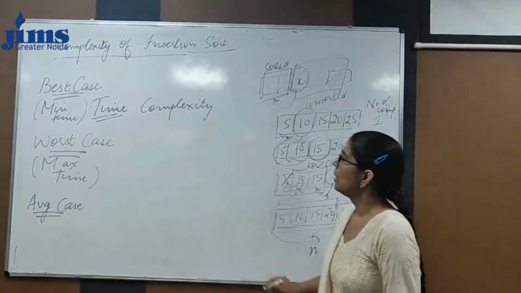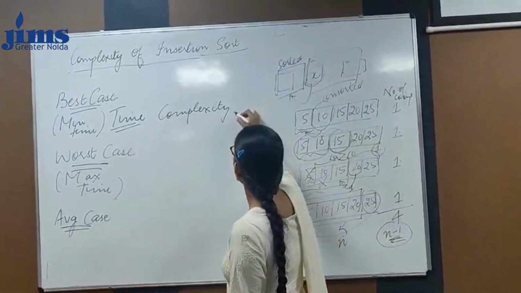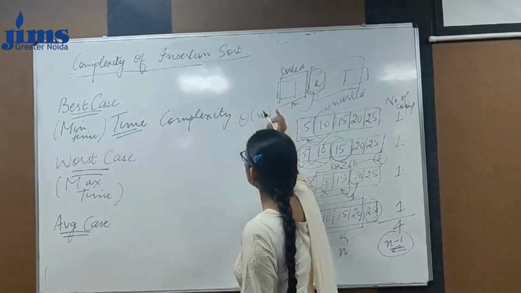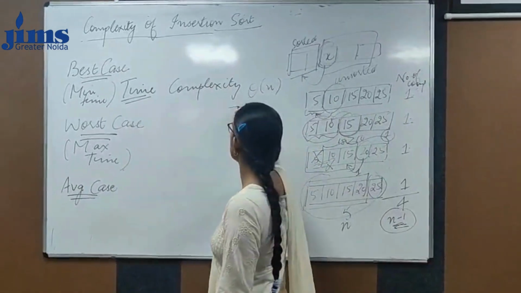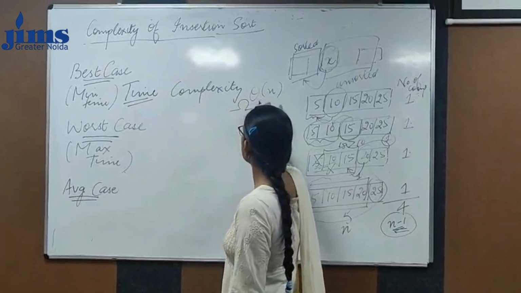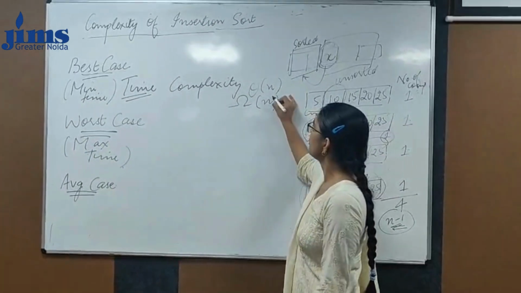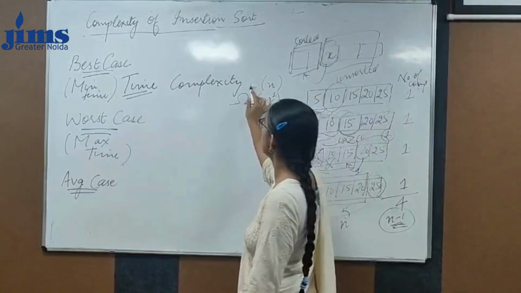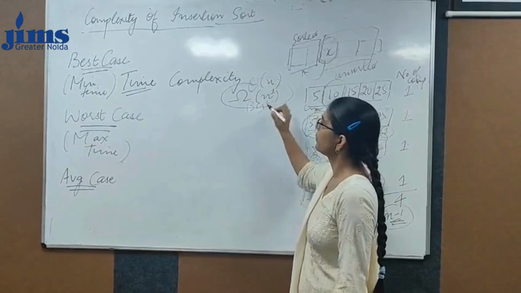What is the asymptotic notation of n minus 1? It is theta of n. So since it is the best case, the complexity in the best case scenario, represented by omega, is n to the power 1. This is the time complexity of insertion sort in the best case scenario.